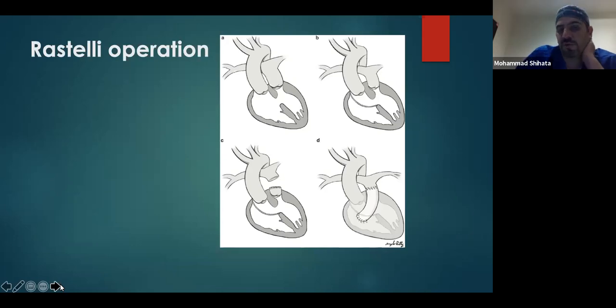This is just a cartoon of the Rastelli operation. The native subpulmonary or LVOT is narrow, and you cannot use it in a switch operation. So what you do is tunnel the VSD to the aorta, and that becomes your new LVOT, and use a conduit or not to reestablish RV to PA continuity.